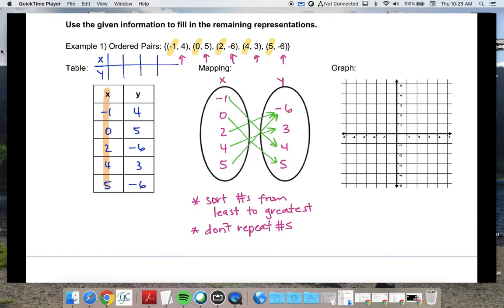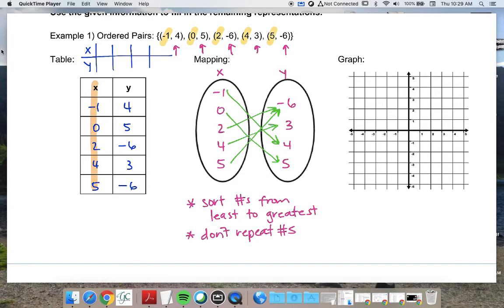Okay, and then our last representation, which is probably what we're most familiar with, is a graph. So we just take our points and we plot them. Remember, ordered pairs are x, then y. So we'll go -1 on the x, +4 on the y, 0, 5, 2, -6, which is just a little off our graph there, 4, 3, and then 5, -6 again, just a little off our graph.